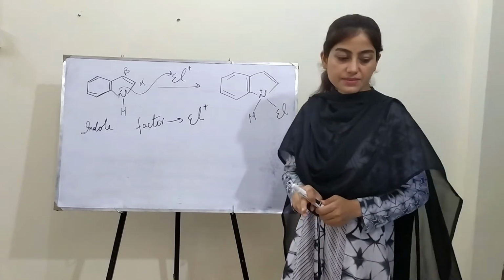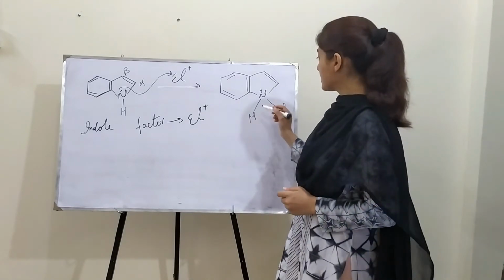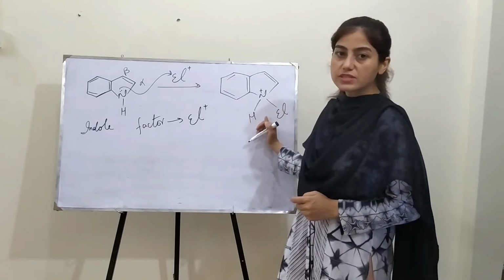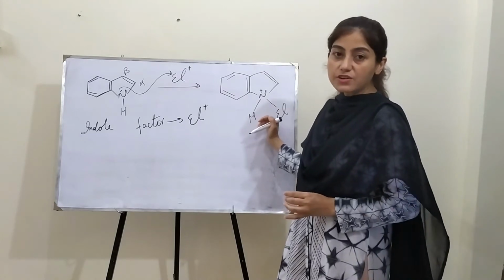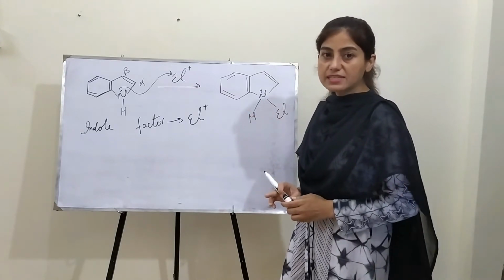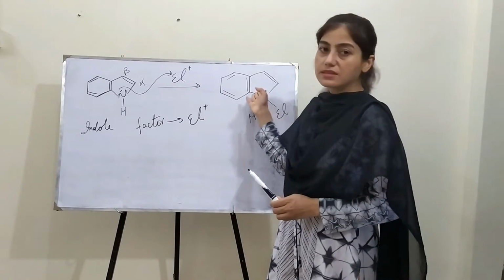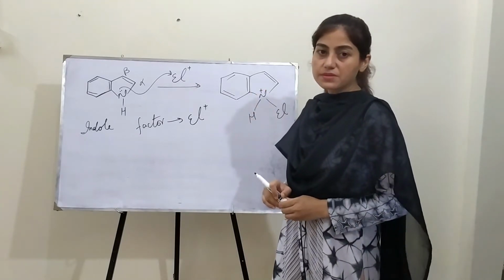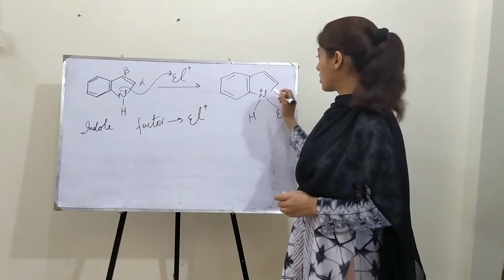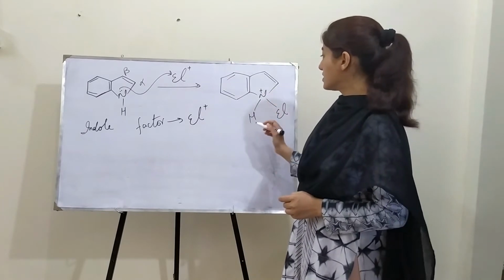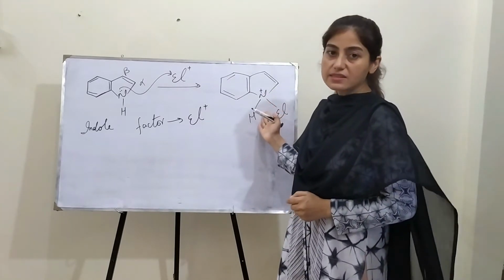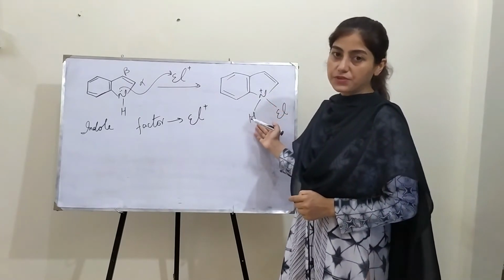In this case, we may say that it is not a stabilized structure, because nitrogen, being the most electronegative among all these atoms, cannot obtain a positive charge where it has the lowest electron density.